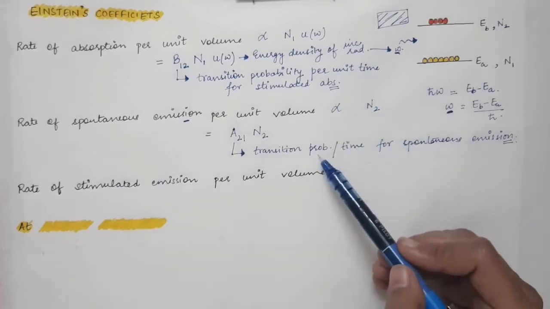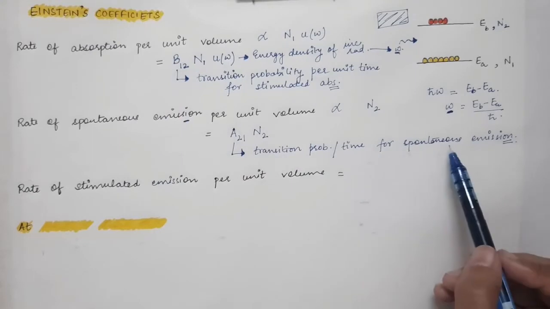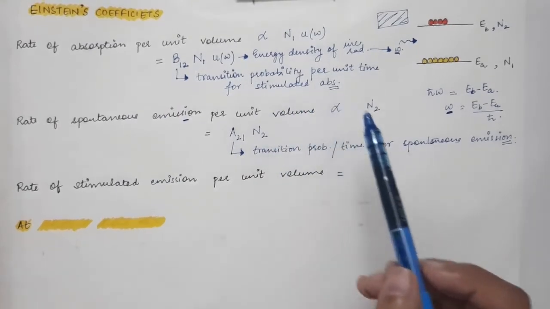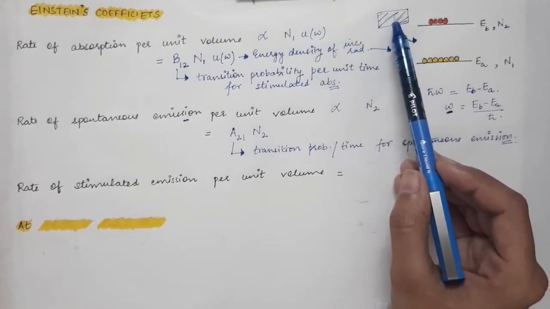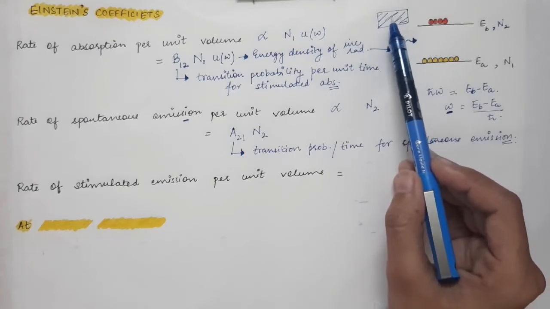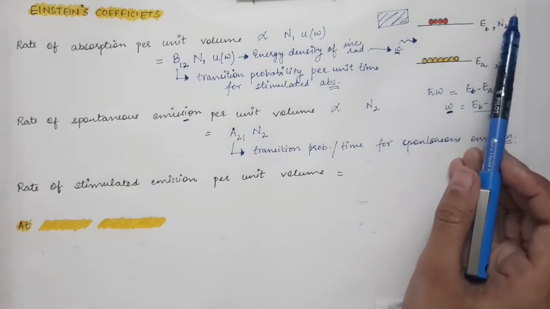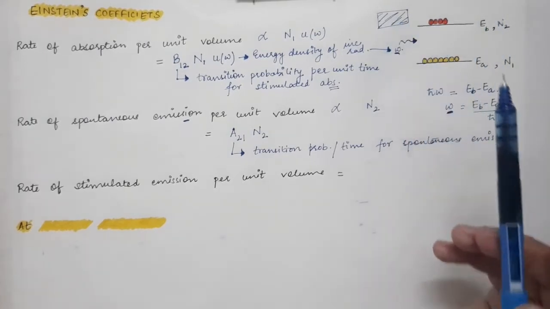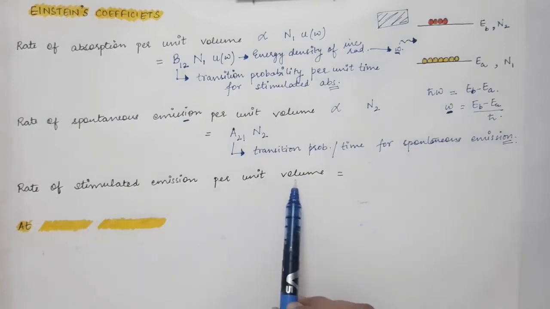So these transition probabilities per unit time for the occurrence of spontaneous emission, stimulated emission and absorption are for the case of this gain medium, because the photons are emitted only in this gain medium, and the photons that we see outside the laser are generated inside this gain medium only.